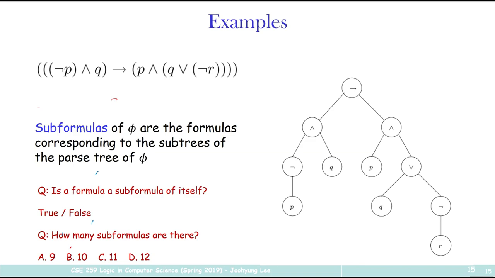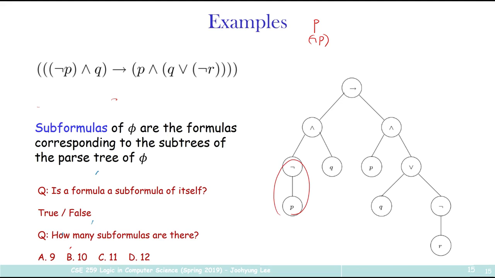So let's count them. It should be a subtree, and it should be a formula corresponding to the subtree, right? So first, P is a subformula, right? Because P is a subtree, right? Good. What about not P? So not P is also a subtree here, right?